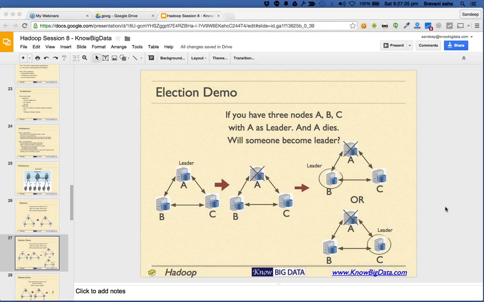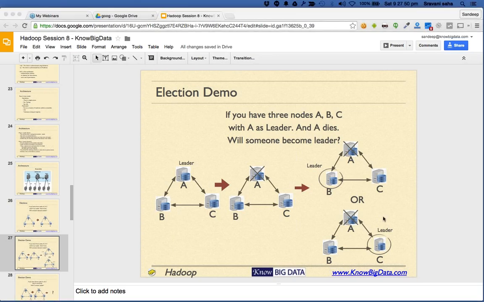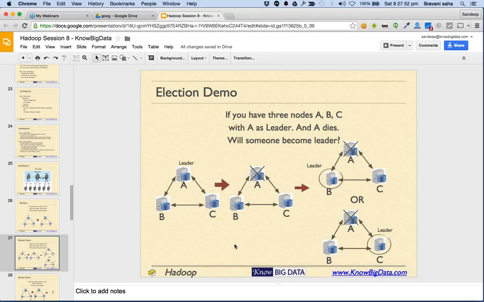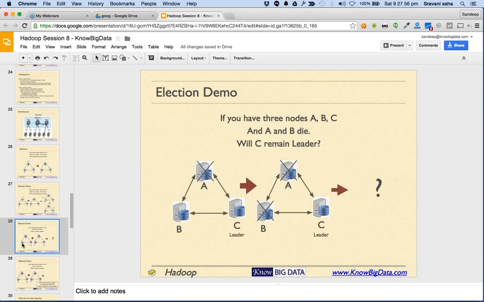Is this clear to everyone? Since there are 2 nodes still available out of 3, which means a majority is still available, there will be a re-election and a node will be selected as leader. Now, what happens next?